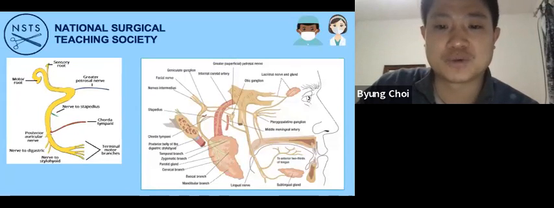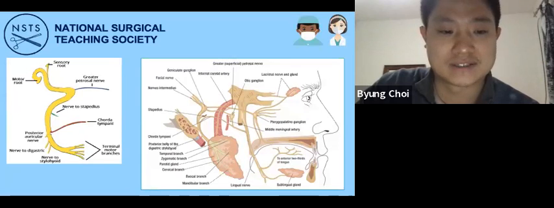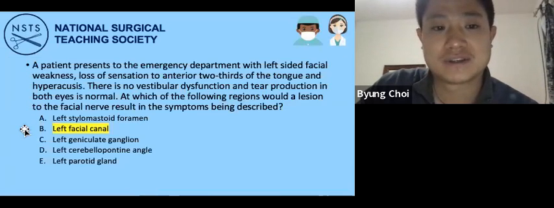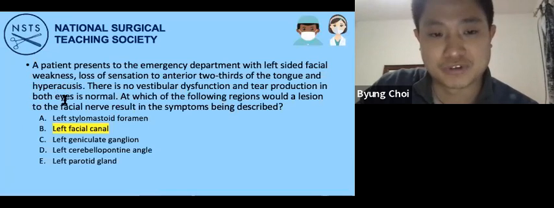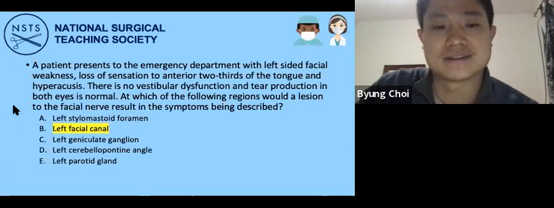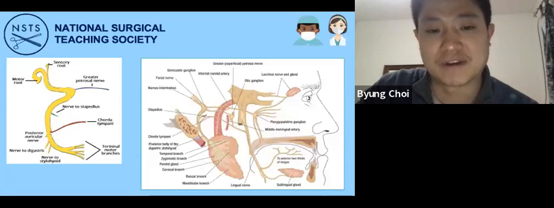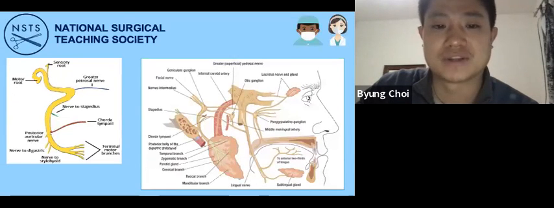Okay, that leaves you with A and B, and the left stylomastoid, as I said earlier, is a bit more proximal to the facial canal itself, and you have nerve to the stapedius, which would give hyperacusis, but also has input on the vestibulocochlear nerve that runs very close to it, and so you may also get the vestibular system being affected too, but this patient doesn't.